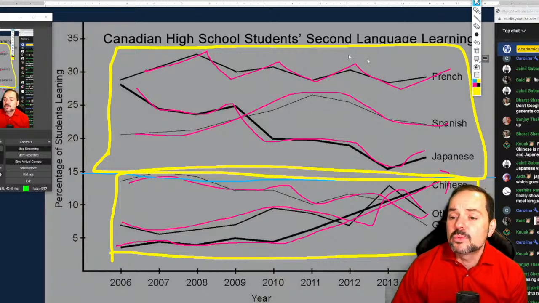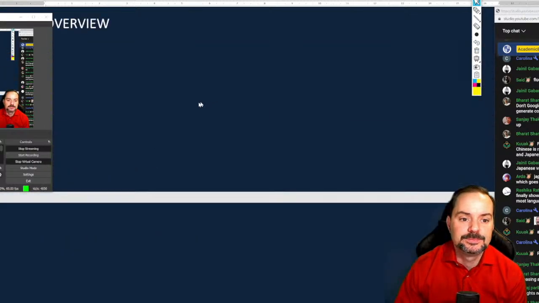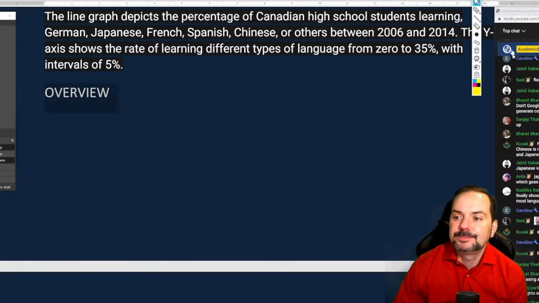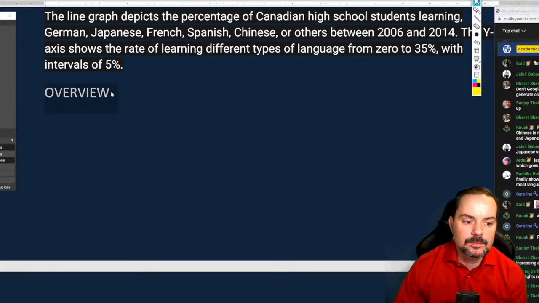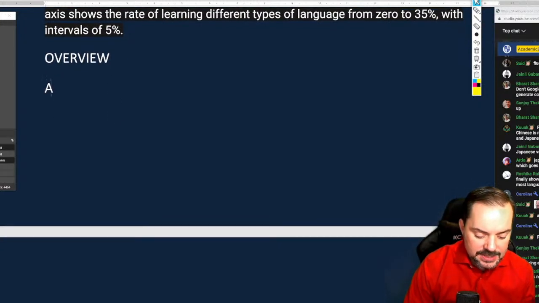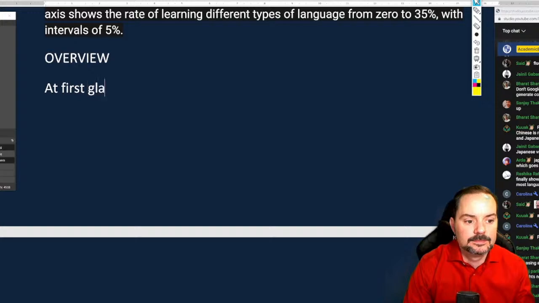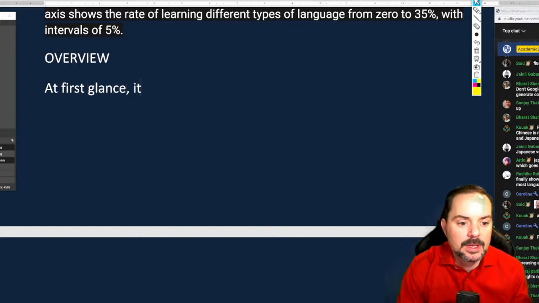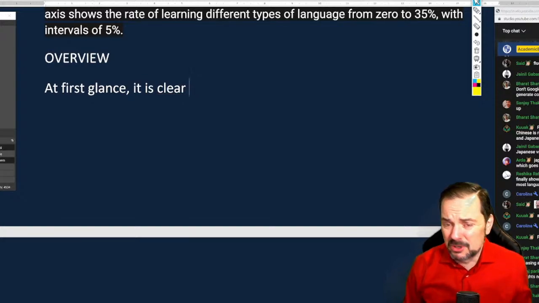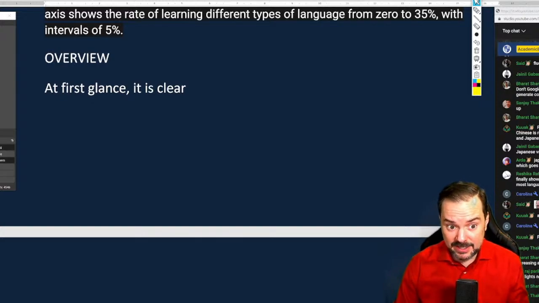Okay, everyone, so let's write this piece of information for the overview. Okay. All right. So in the overview, at first glance, it is clear, and me personally, I'm not even going to write about French being the most popular because I can do that in my analysis.